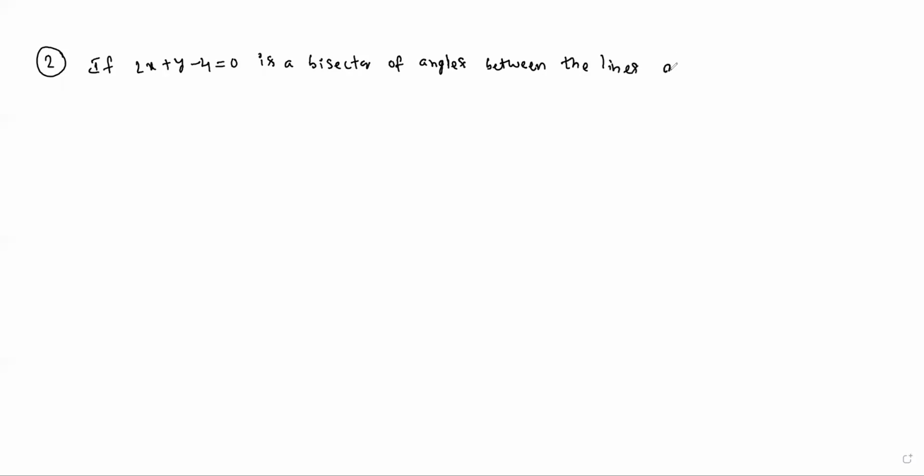Next, one more problem based on this. If 2x plus y minus 4 equal to 0 is a bisector of the angles between the lines a into x minus 1 plus b into y minus 2, and the second line c into x minus 1 plus d into y minus 2 is equal to 0, they're asking for the other angular bisector.